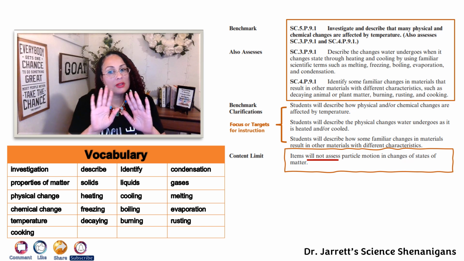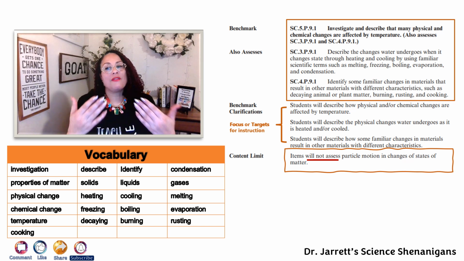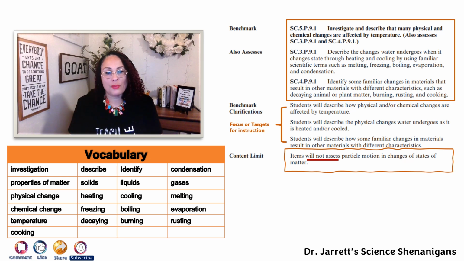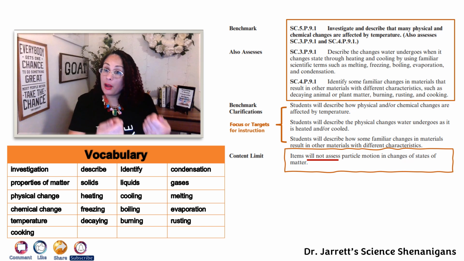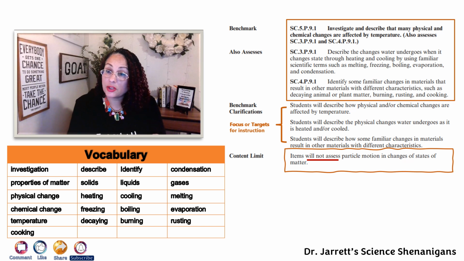Now, there's a little side to that. If I walk into your classroom and I ask the students, what are you working on? They should not say making s'mores. They should say that we are investigating physical and chemical changes. Because when I crack or break apart the graham cracker, that is a physical change.